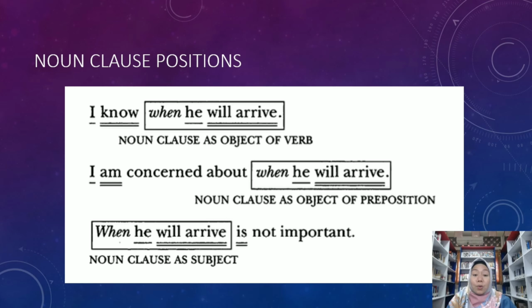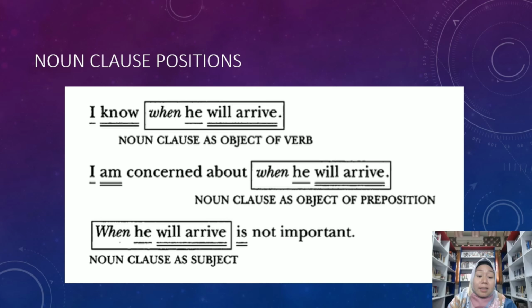Okay, so there are three roles of a noun clause in a sentence: the first as the subject, the second as the object, and the third as the object of a preposition. Then the positions are also three different positions.